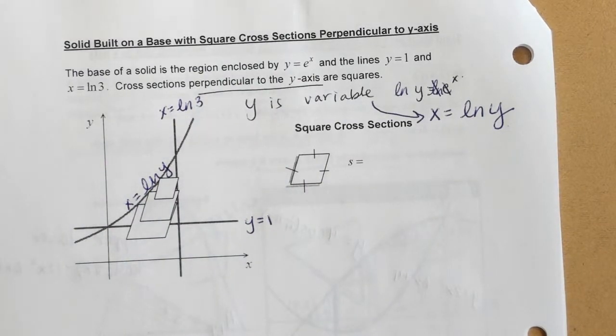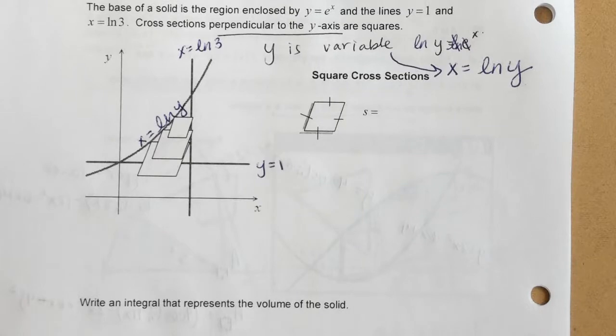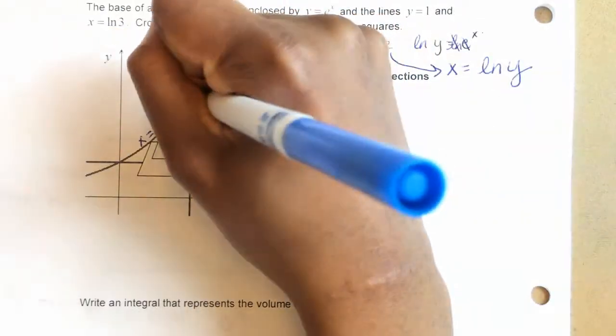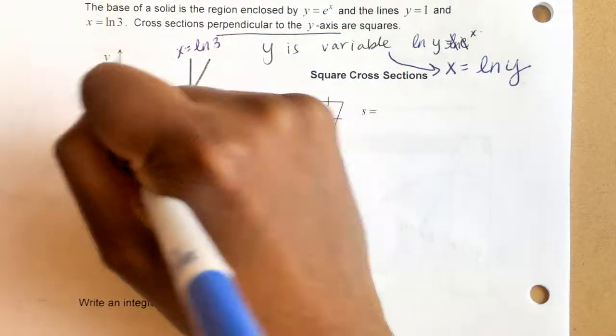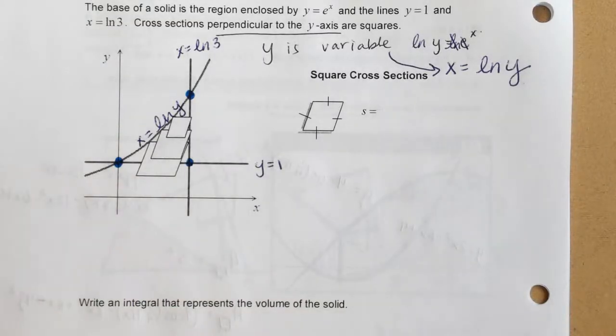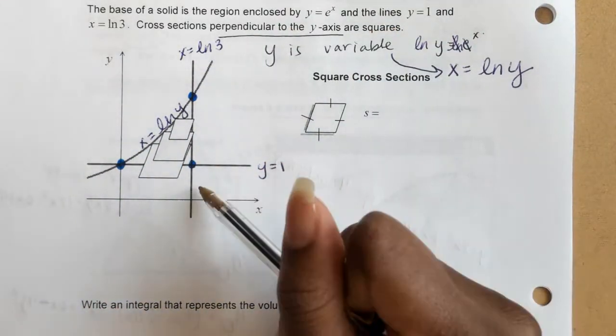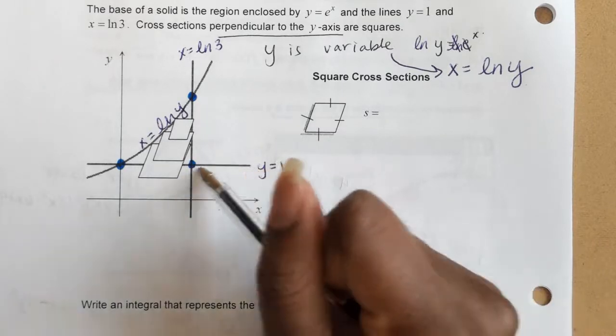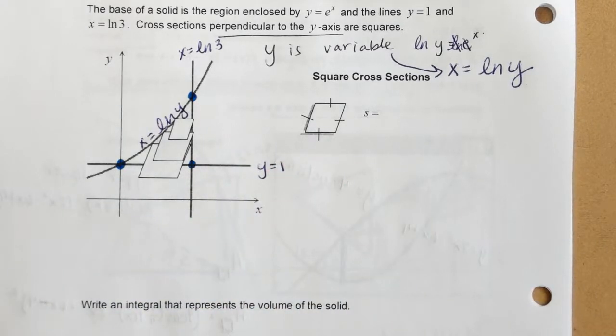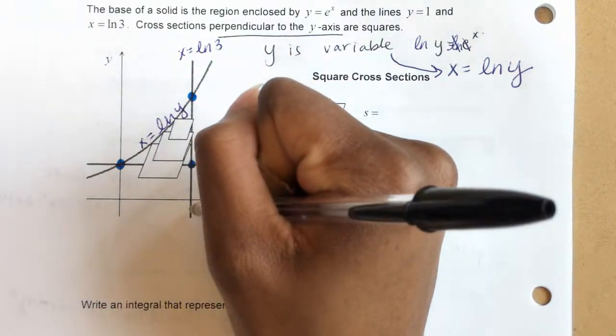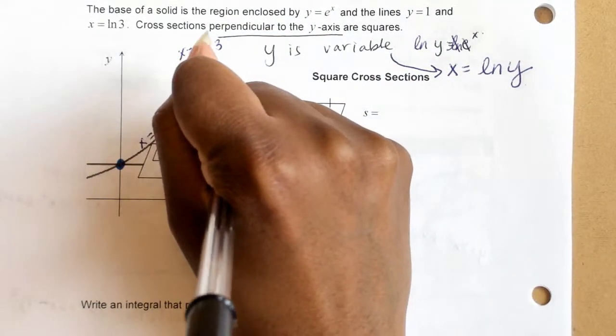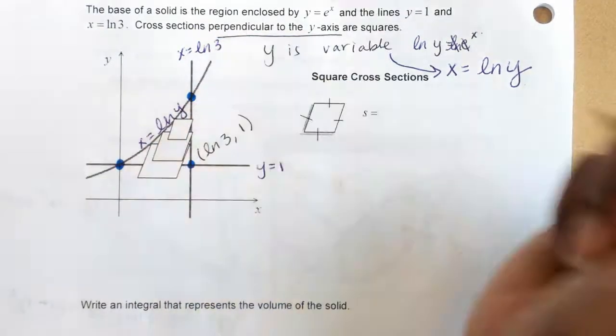Okay, so we found the lines. We need to find where they intersect, because when we write our integral, we also need to know the intervals for integration, right? So they intersect in 3 places. We need to know what those 3 places are. So here, this line will always be ln 3, this line will always be 1. So x is ln of 3, y is 1.